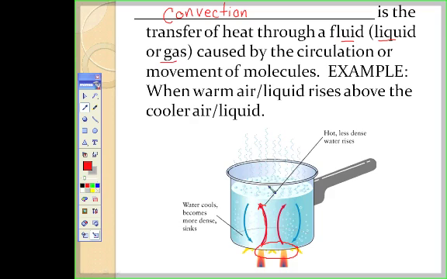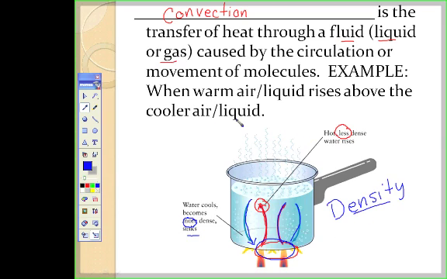The density then goes down and they rise to the surface where they're further away from the heat source. And so the density increases, they become more dense, and they sink. And when they sink, they get close to that source of heat, and you see the rising and the sinking due to the changes in the density.